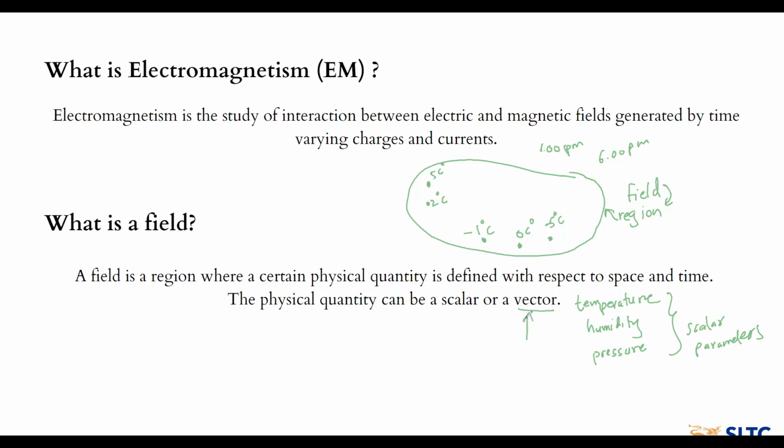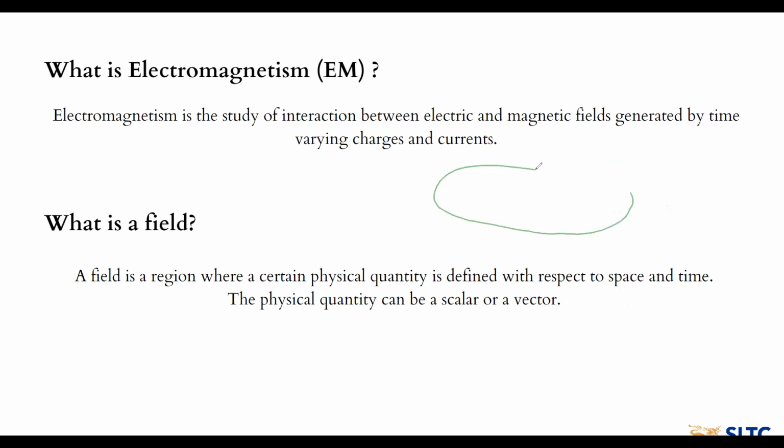In electromagnetism, we talk about vector fields such as the electric field and the magnetic field. These fields define how much electric force there is at each position in the field.